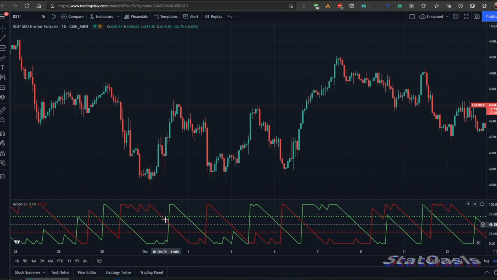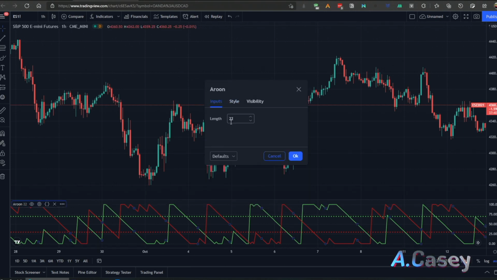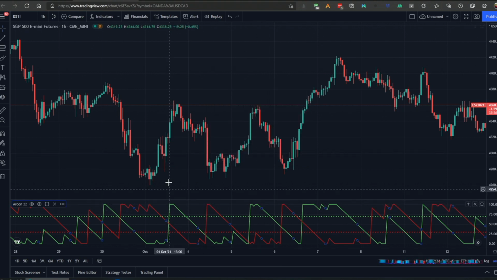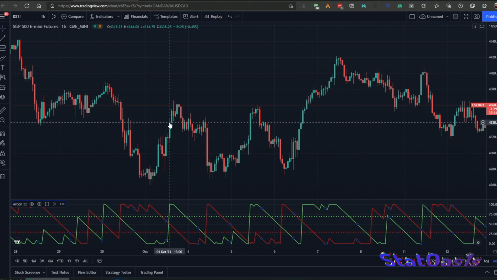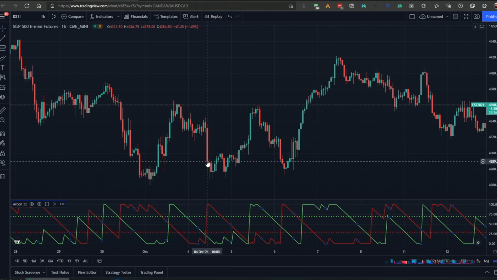Basically, when the green line goes to 100, that means we just had a high. For example, here I am measuring over 22 periods. So at this point here, for the last 22 bars, this is the highest high. And same thing on the red channel: when it goes to 100, that means this bar is the lowest bar for the last 22 bars.